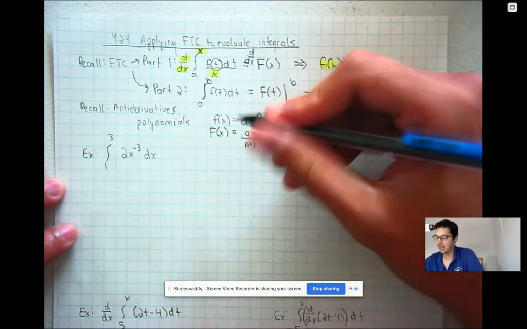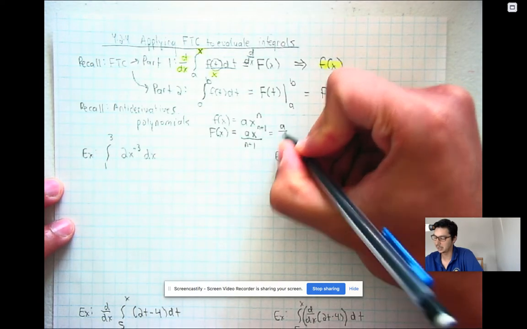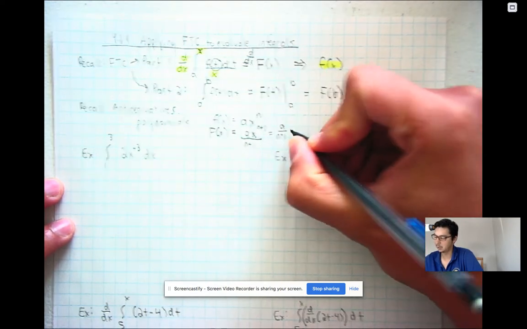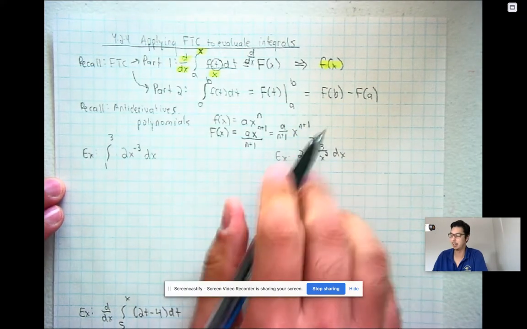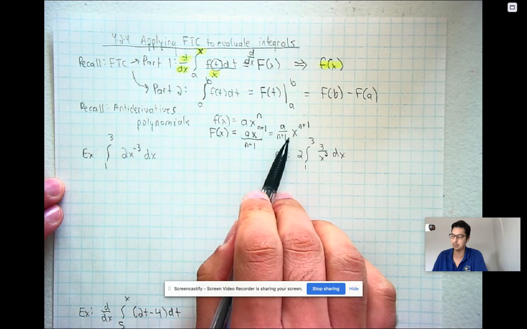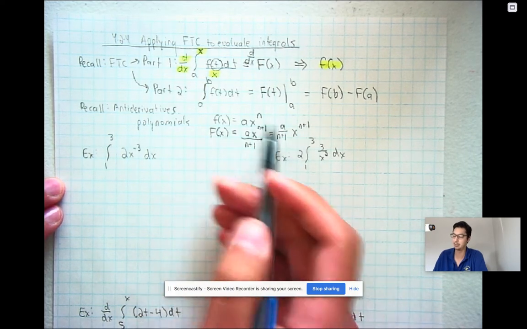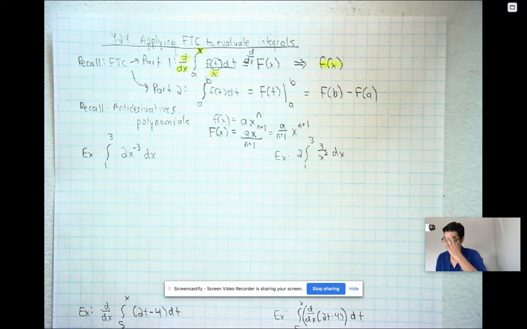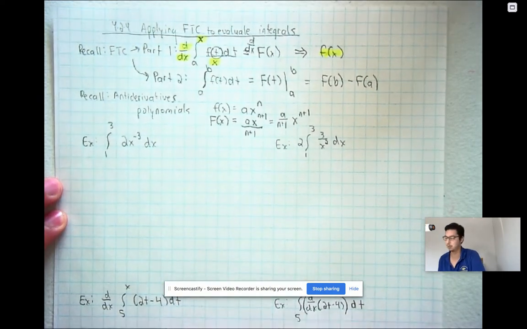So it's ax to the n plus 1, divided by n plus 1, or as a fraction, a over n plus 1, x to the n plus 1. Because if you take the derivative of that, the exponent comes to the front and multiplies, which cancels the division and leaves just a, and you subtract 1 from the exponent, leaving n. So you go back to the original function f of x. Now let's apply all of this information to several examples.